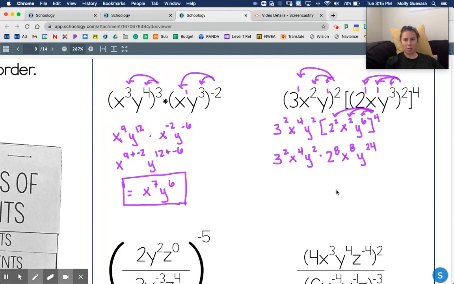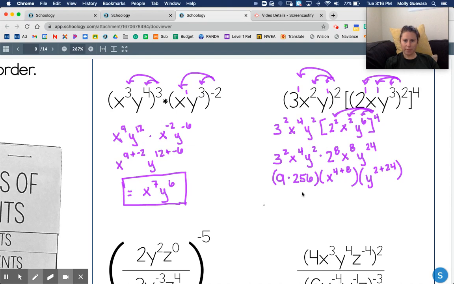And we just keep solving, right? 3 squared is 9 times 2 to the 8th is 256. And then I have x to the 4th plus 8 and y to the 2 plus 24.